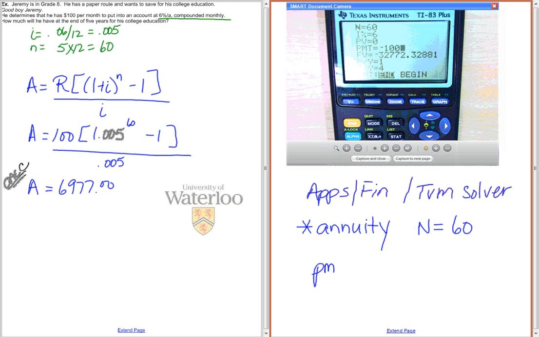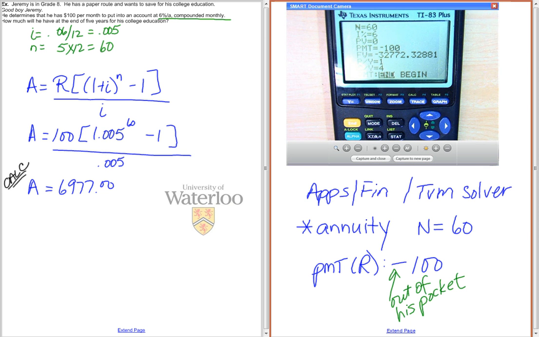Payment is the same as R, and we're going to do negative 100. I don't know if this helps you, but it helps me. So that when he gets this final answer, it's going to be a positive number. The future value is what we want to figure out. We've got the calculator to do that in a moment.